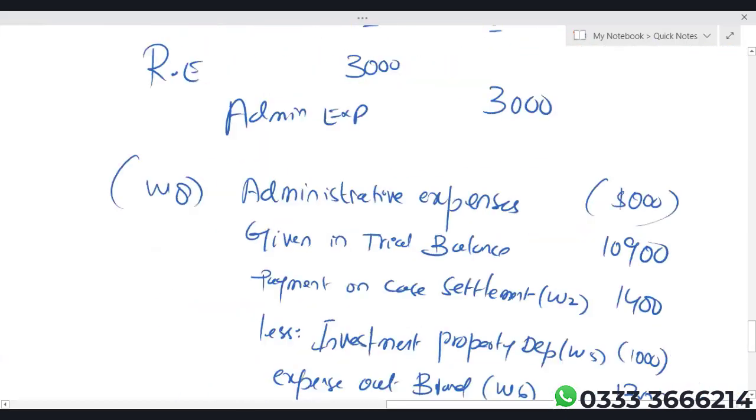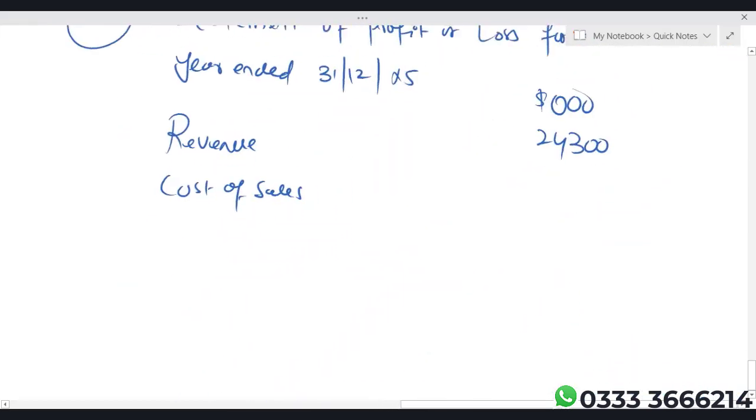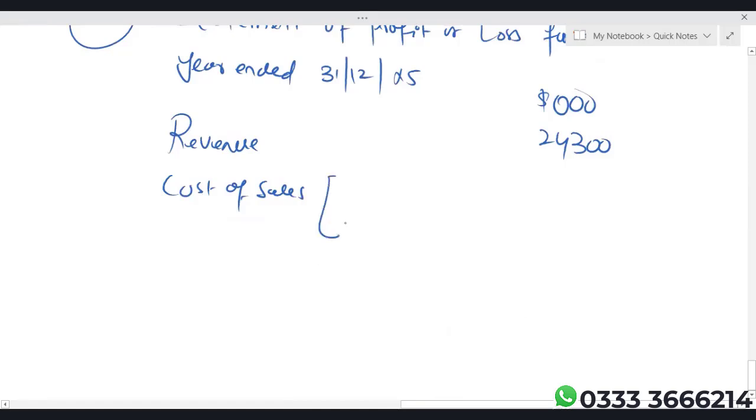So cost of sale 11,600 minus 700, working 1, is 10,900.